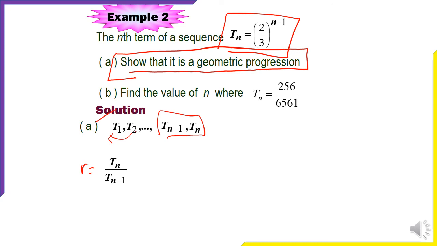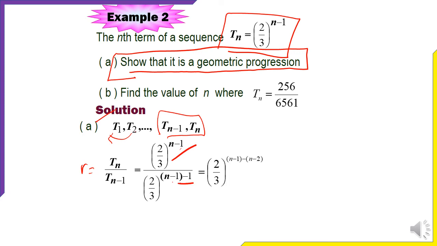So using the general form only, we can prove that every value follows the geometric progression. So what is Tn? Tn is 2 over 3 to the power of n minus 1. And for Tn minus 1, it will be 2 over 3 to the power of n minus 1 minus 1. These have the same base, so we can apply the rule of indices. Because it's division, we subtract the powers: n minus 1 minus n minus 2 gives 1.